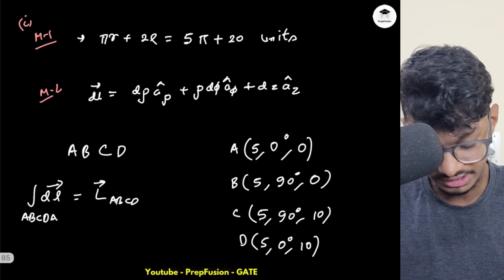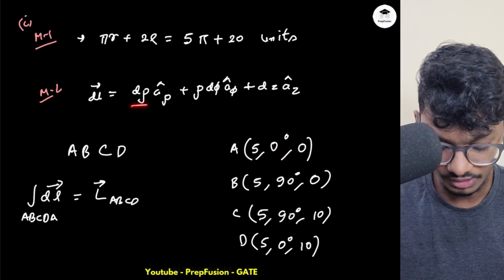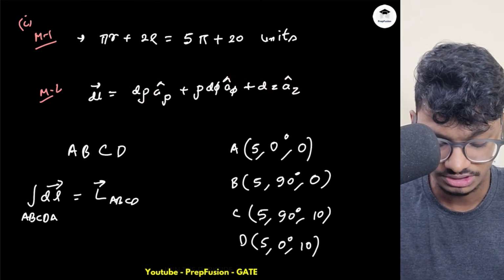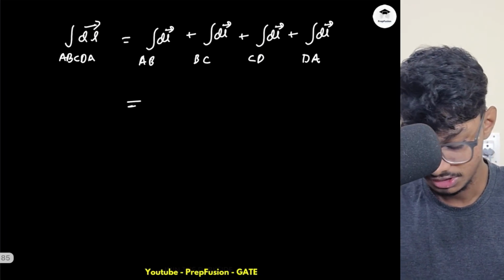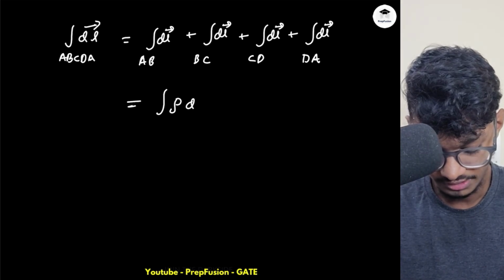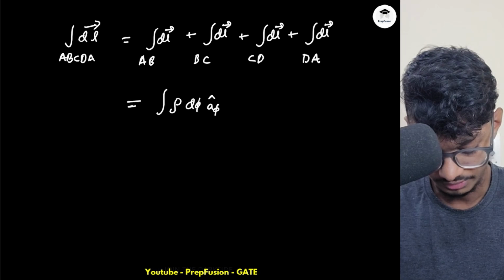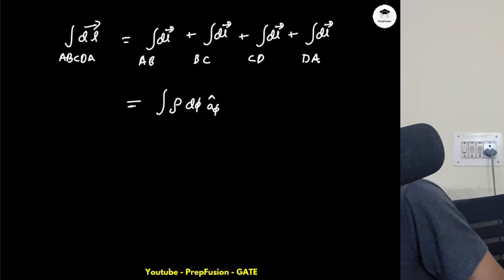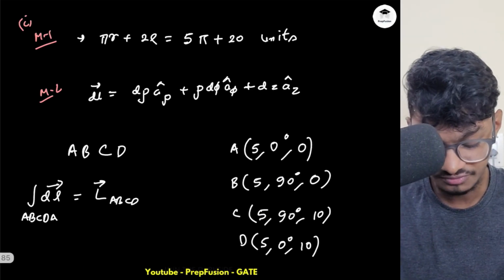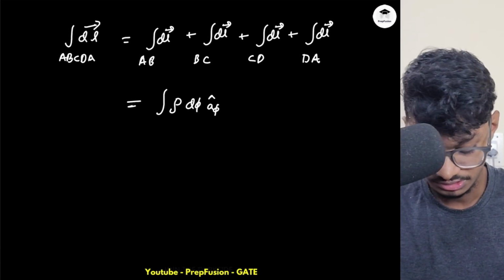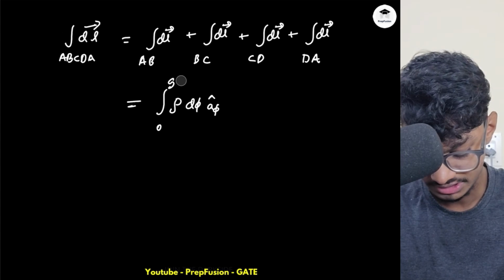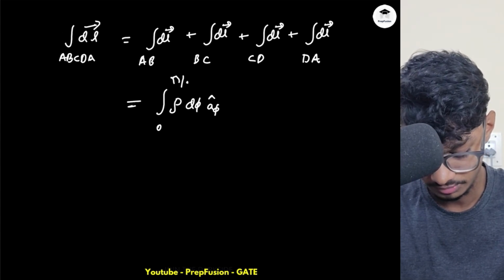So d rho will be 0 and dz will be 0, and just this component will remain: rho d phi a phi. And phi is going from 0 to 90 degrees, or I can write this as pi by 2 in radians.